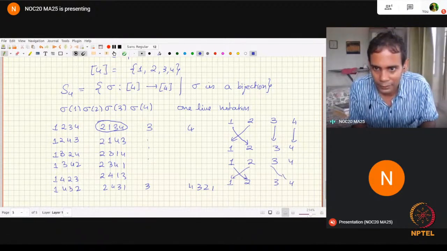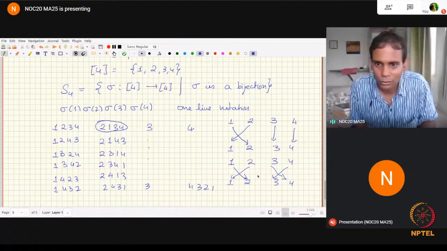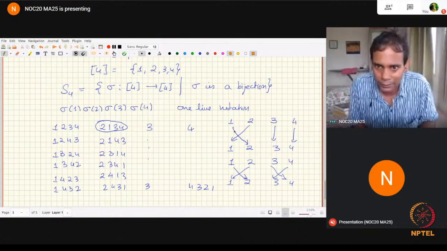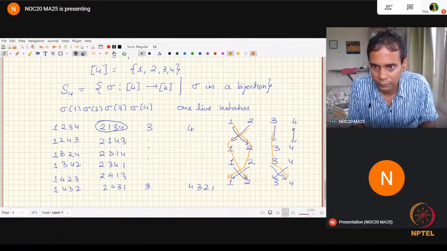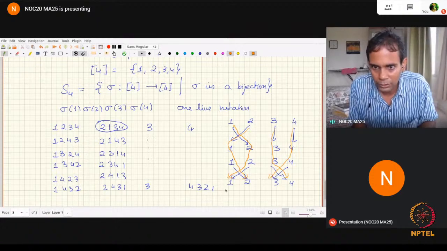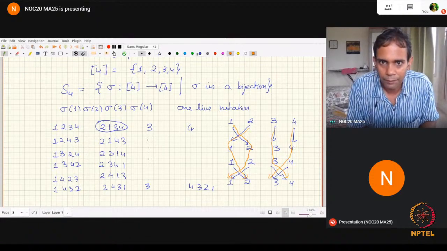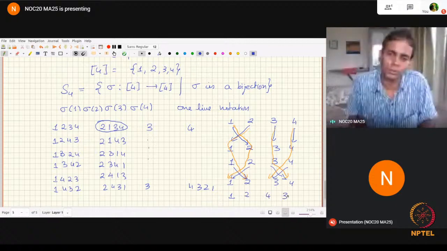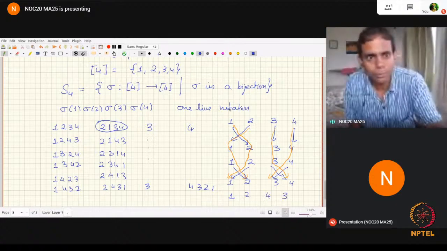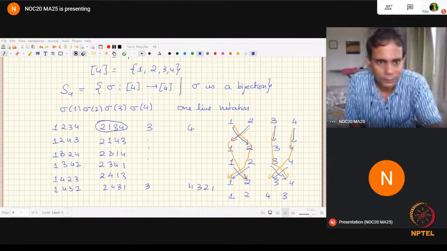If you want to compose these two, you follow through the arrows, and you get the permutation: 1 goes to 1, 2 goes to 3, 3 goes to 4, and 4 goes to 3. So I hope that answers your question.